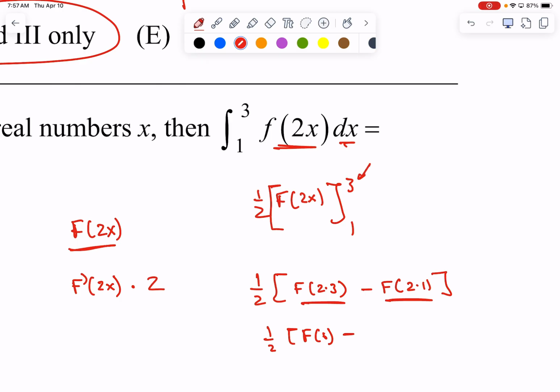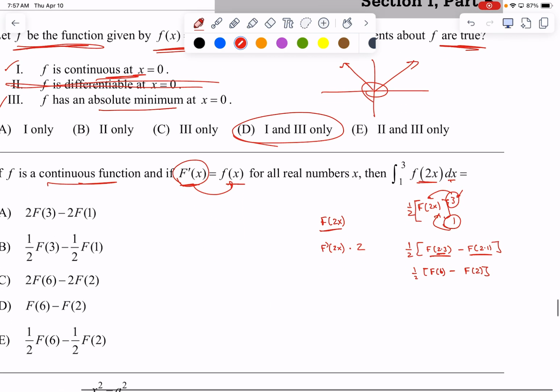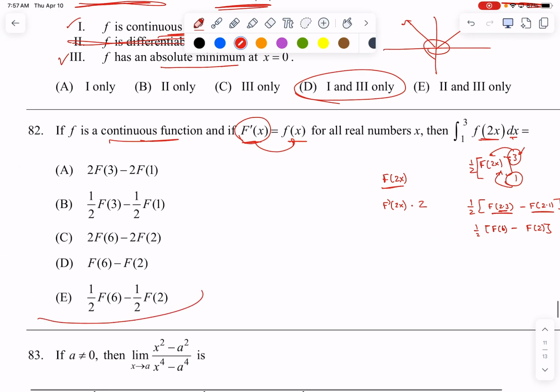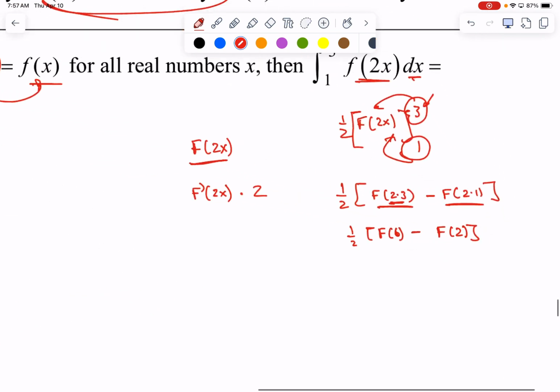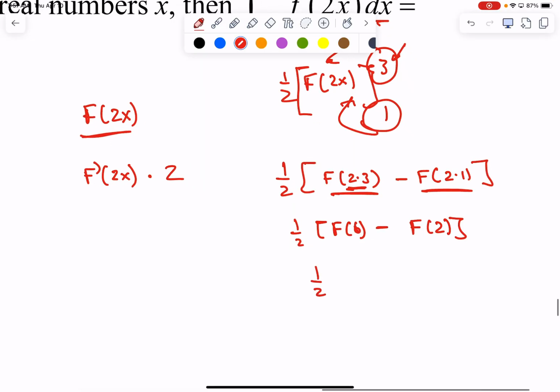So plug in the 3 first, and then plug in the 1, minus big F of 2. We just need a 1/2. They got the 1/2 distributed, so the answer is E: 1/2 of F of 6 minus 1/2 of F of 2.